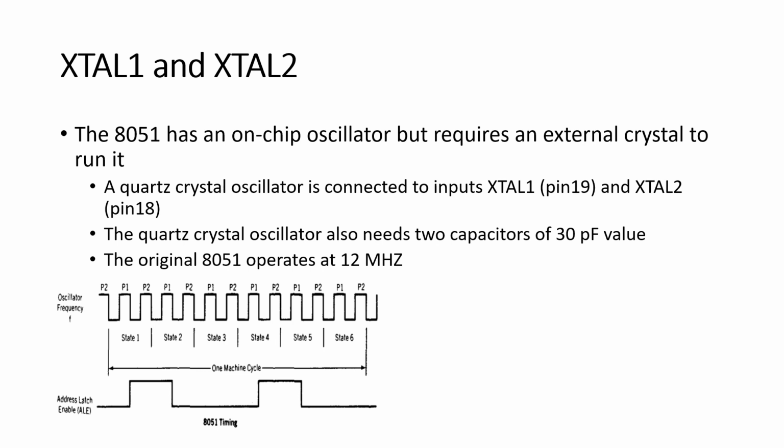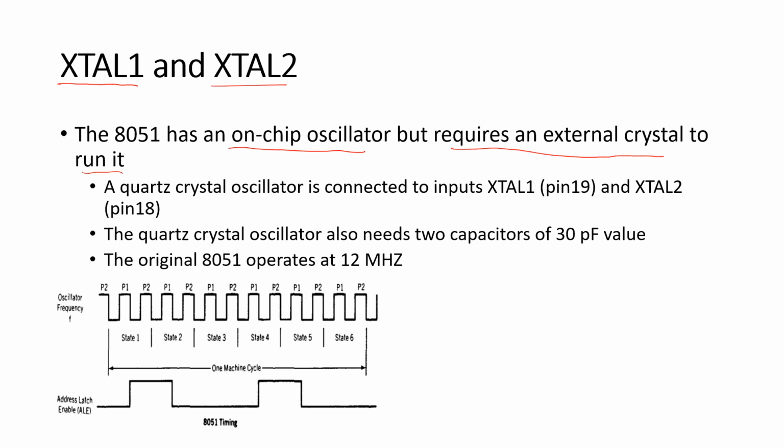Let us talk about the pin description in deeper. Pins 18 and 19 of the 8051 are connected to XTAL 1 and XTAL 2. The 8051 has an on-chip oscillator, but it requires an external crystal to run.